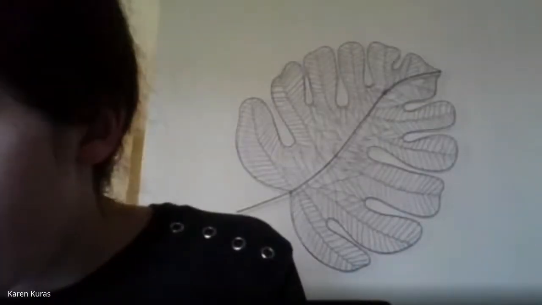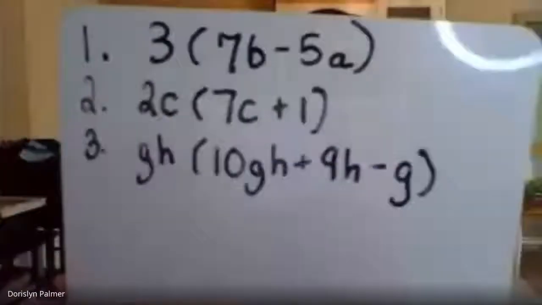Okay, Karen, you have to unmute, honey. I unmuted already. For number 3, I got GH, and then in parentheses, 10GH plus 9H minus G. Yes, that's it. Very good.